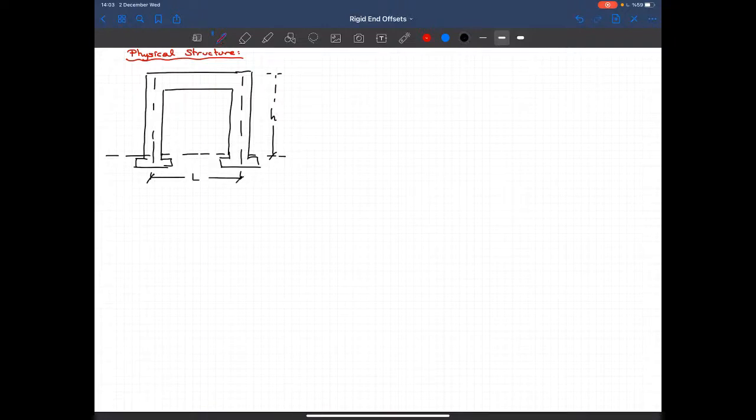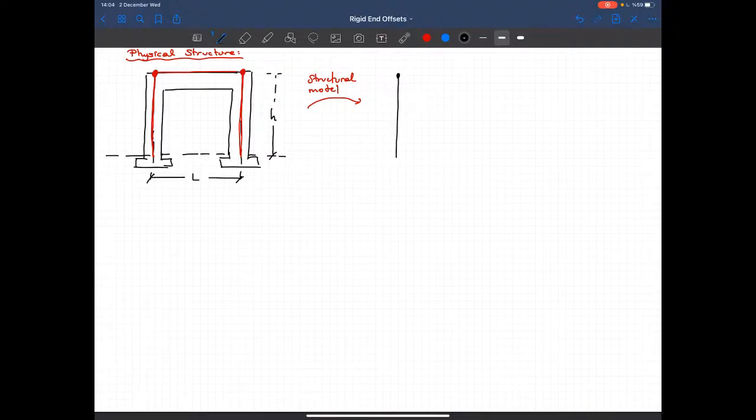Now we said that usually in modeling we define these nodes at the story levels, and we draw members at the middle, at the center lines. Okay, and from that we generate our structural model, which is nothing but a wireframe model, right?